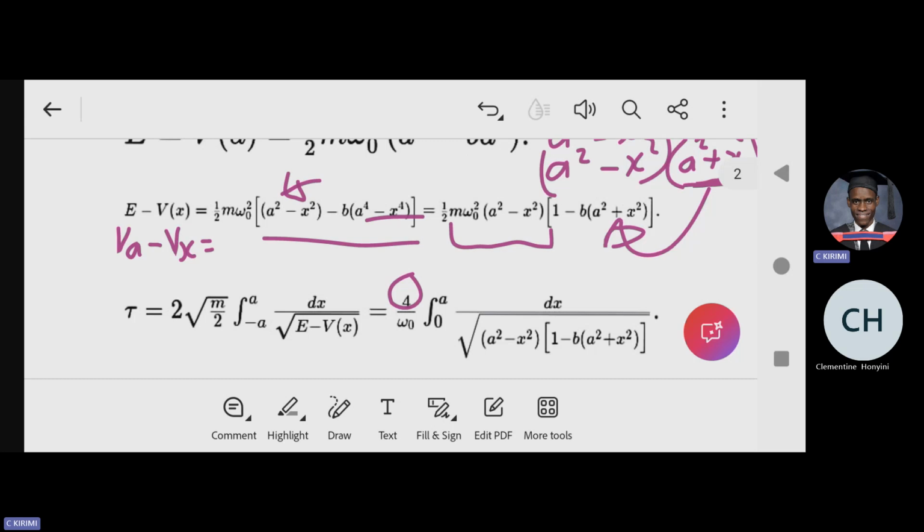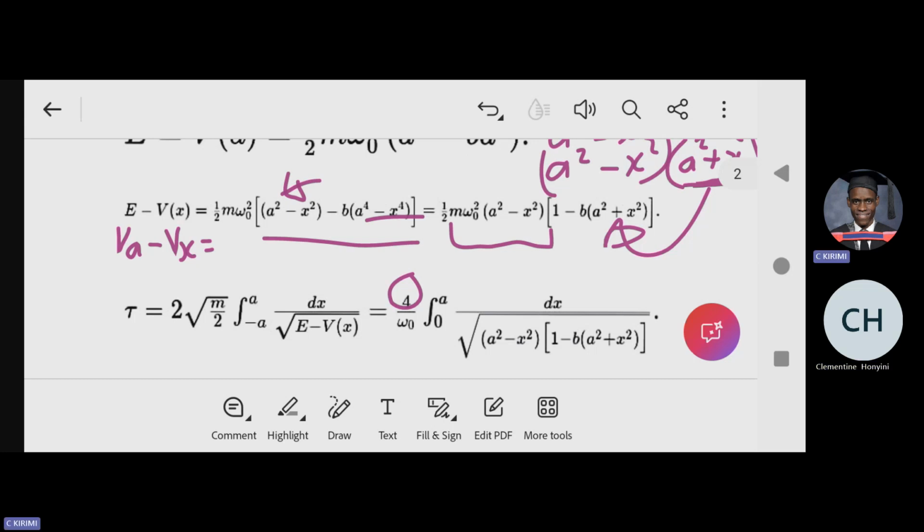Now we are replacing those values. E minus V of X, we have found, I must replace with half m omega naught squared, under the square root sign, multiplied by A squared minus X squared.